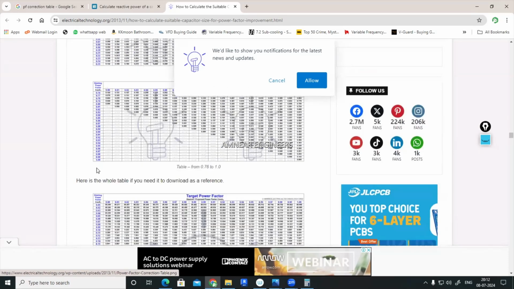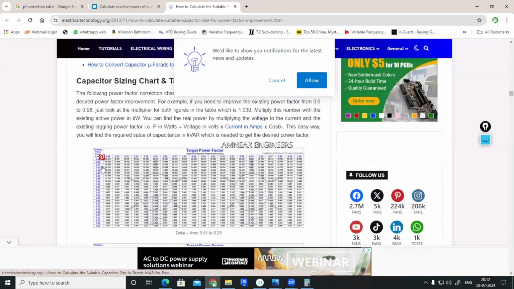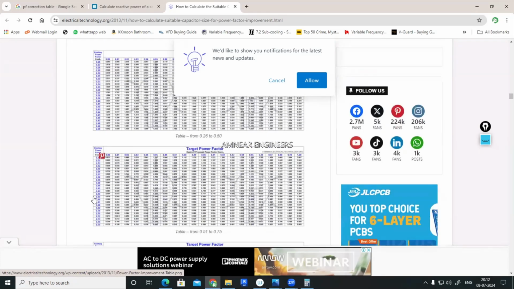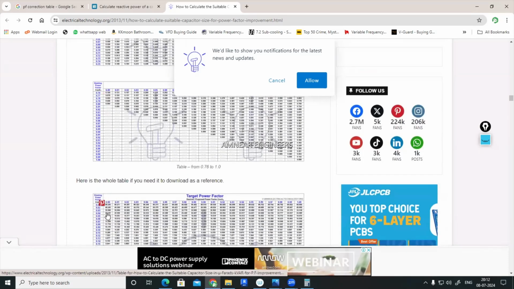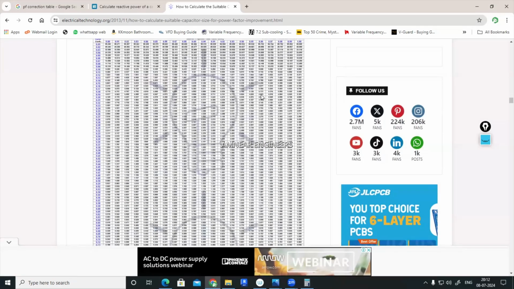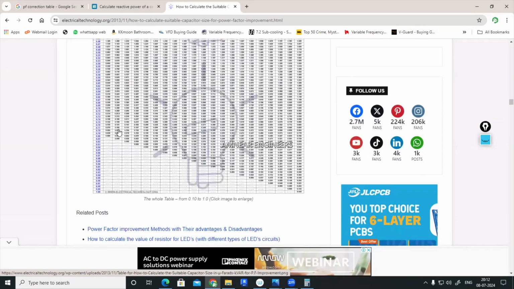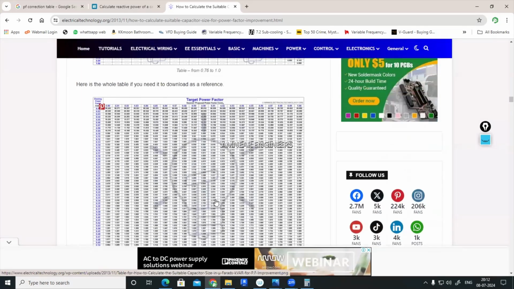So more values are available, like 0.76, 0.77. 0.01 difference is in between the values. So it is having a wide range. See, this is the entire table. It is having more range, starting from 0.01 itself. So the range can be different.